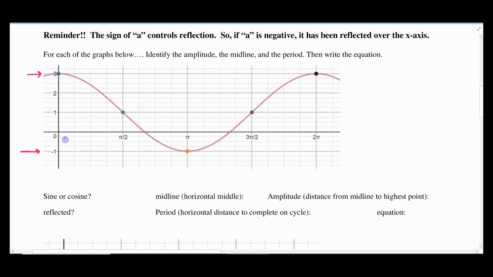Because if you count it up, you go 1, 2, 3, 4, there's a distance of 4 in between that min and that max. So if I go a distance of 2, that would take me to the midpoint height-wise of that wave. So the midline is located right here. This is the line that splits the graph in half horizontally, so this is what we would call the midline.